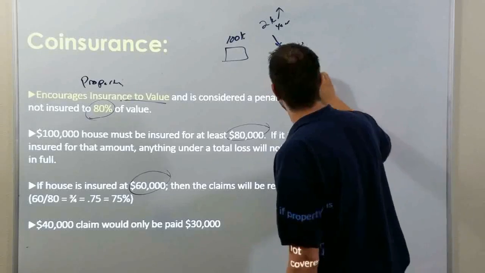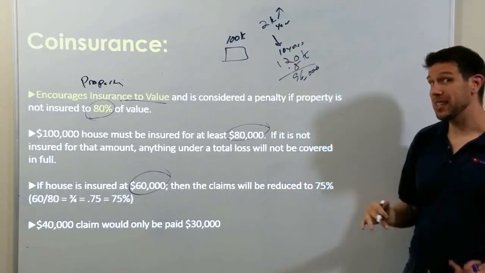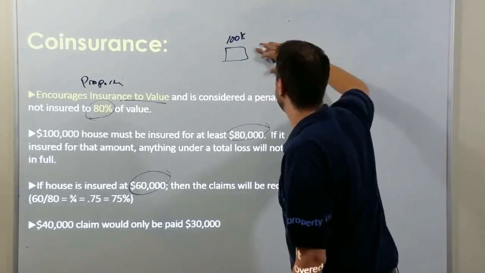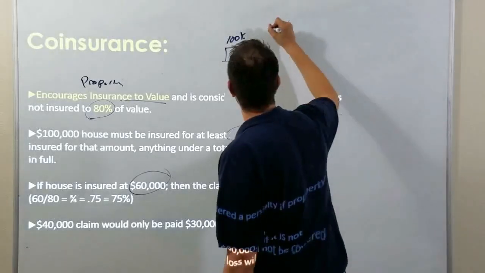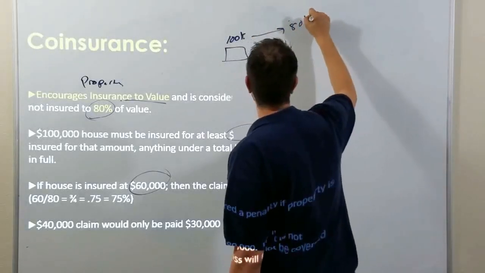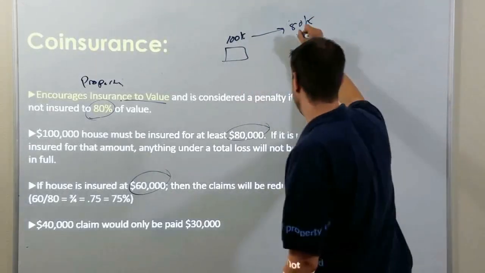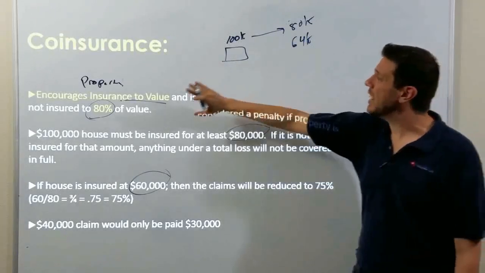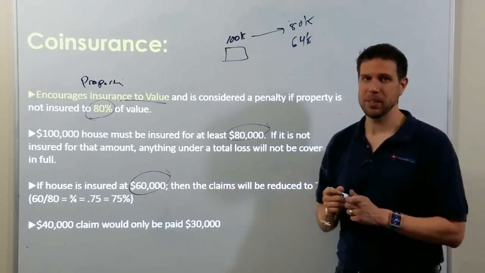You have to insure property to at least 80% of its value today. If the house had depreciated $2,000 a year for 10 years, so the house was only worth $80,000 today, then you'd have to insure it for $64,000. You have to insure things for at least 80% or else you get penalized on any of your claims.